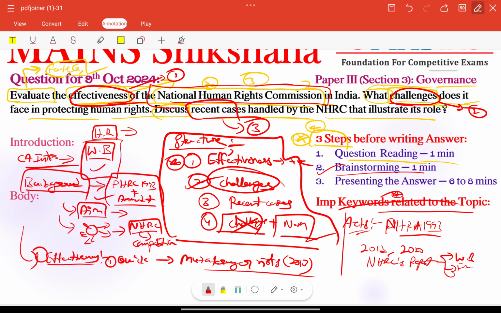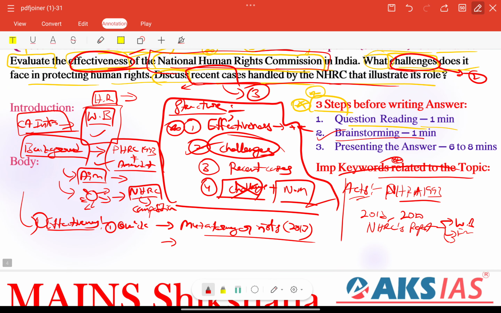We can add recent cases or otherwise previous cases. But since the current affairs introduction and the third part, recent cases handled by the NHRC, already cover recent cases, here we can use others, for example the Hathras case, 2020.